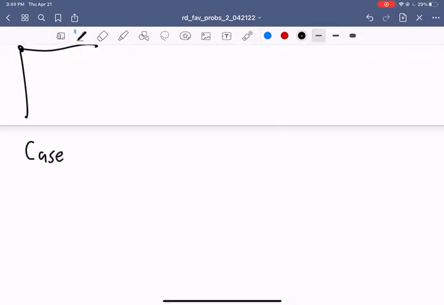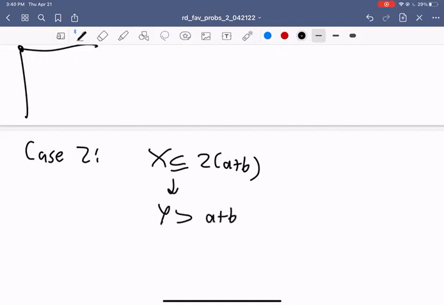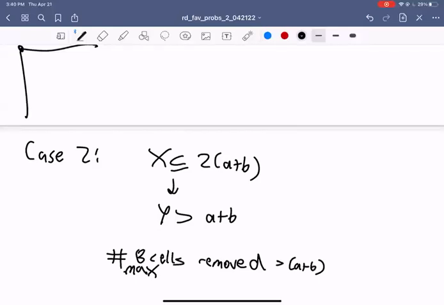Now we move on to the second case, which is where x is less than or equal to 2a plus b. Here, this also implies that y is strictly greater than a plus b. Then the amount of bronze cells being removed can go up to, it's strictly greater than a plus b because y is strictly greater than a plus b.